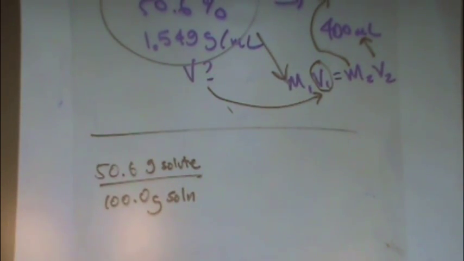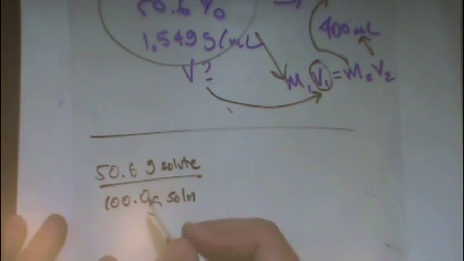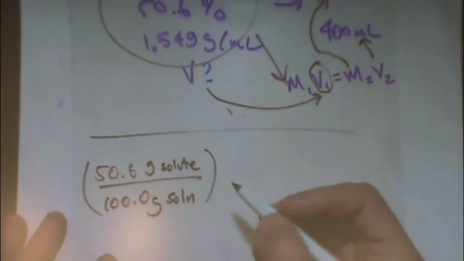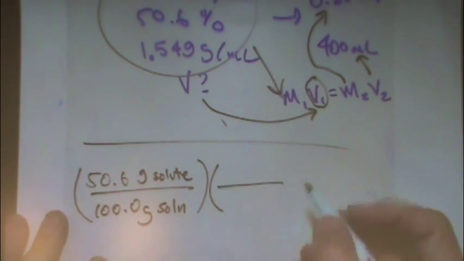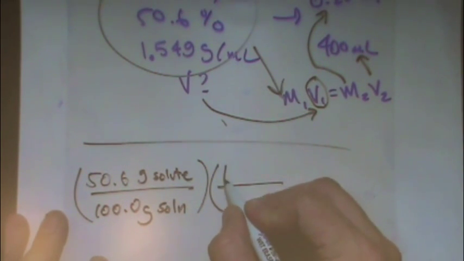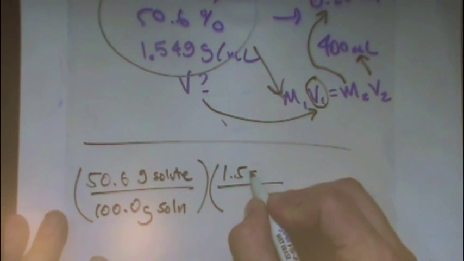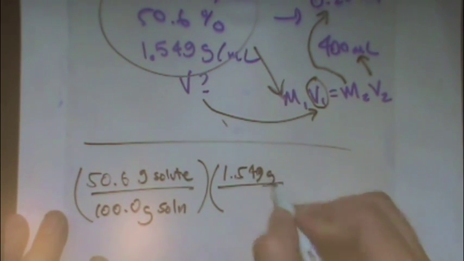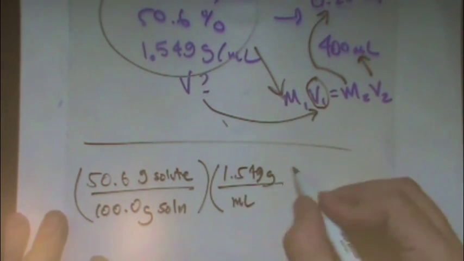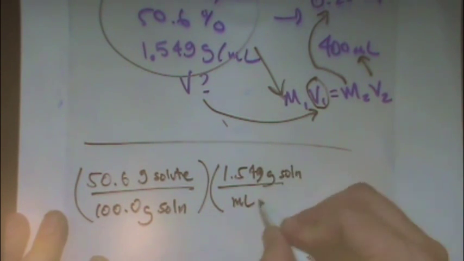The solute is the manganese nitrate. The manganese 2 nitrate, that's a solute. Okay? So that's what that means. Okay, now what you're going to do is take the density. There's 1.549 grams per milliliter, right? The density is always a solution density.